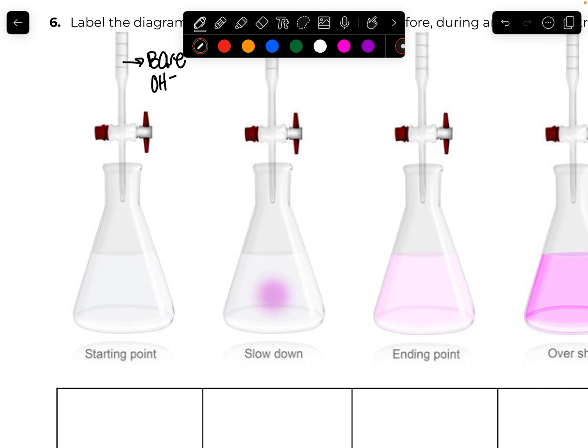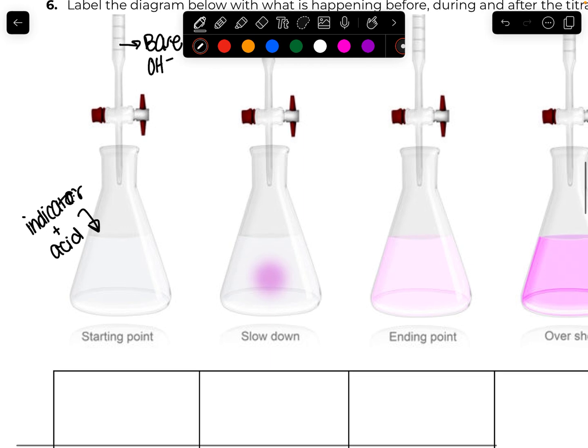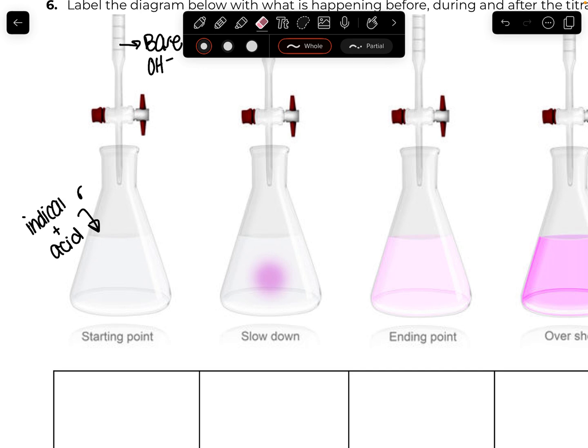Okay. So inside your reaction flask now, you have your phenolphthalein that you've added. So inside here you have your indicator, and you have your acid for our purposes, but it would just be your analyte, whatever your analyte is. So you have your indicator and your acid, and remember what's actually reacting in your acid to help make your water is the hydrogen ions, the H plus ions, right?